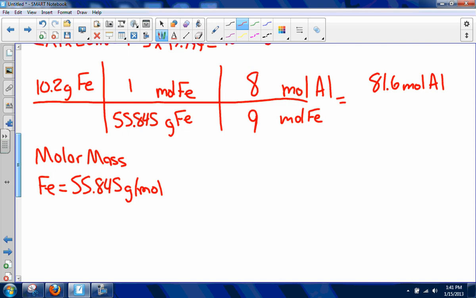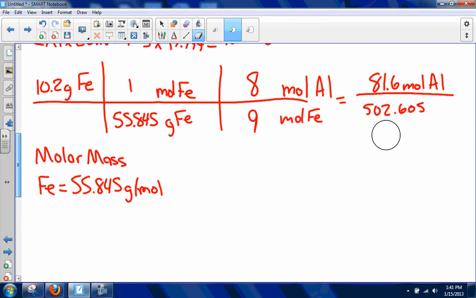Multiply straight across on bottom. 2.605. Top divided by bottom.